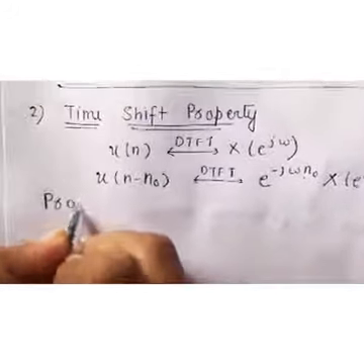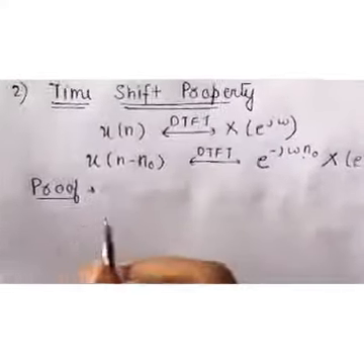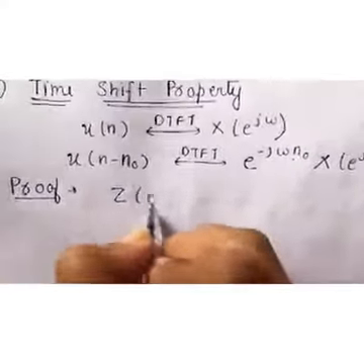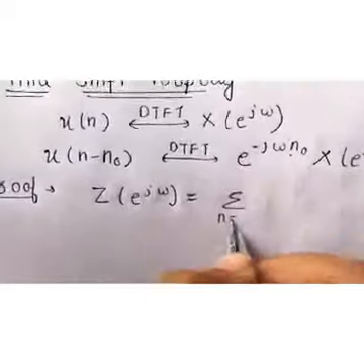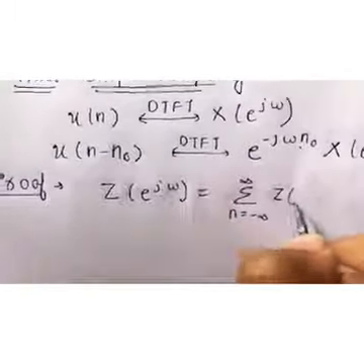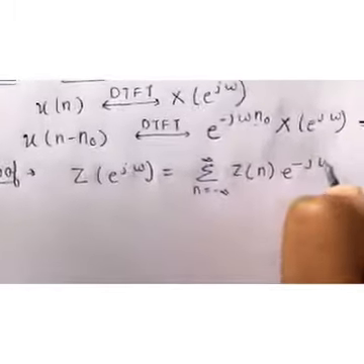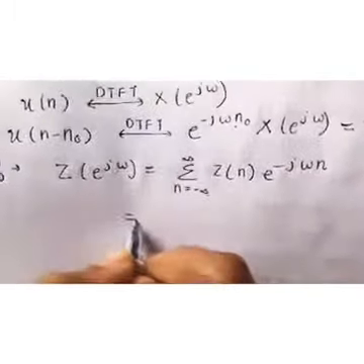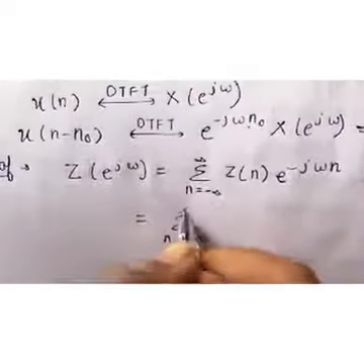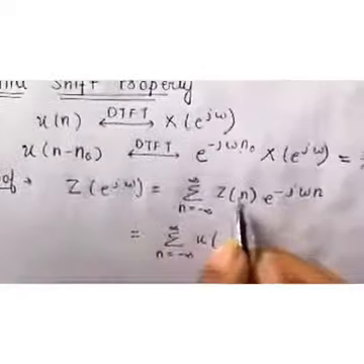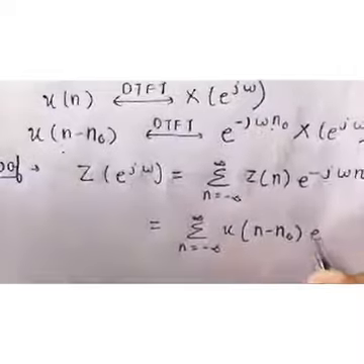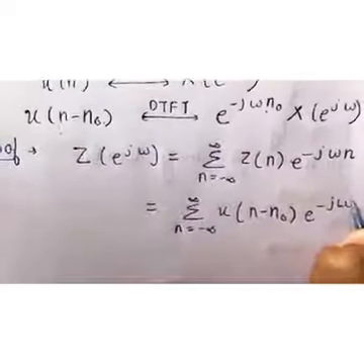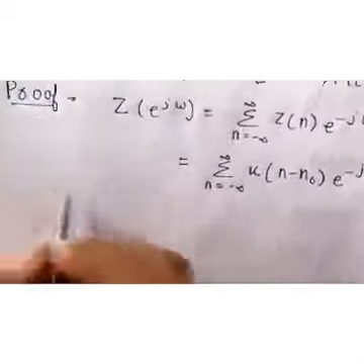Proof. We know that Z of e^j omega is equal to summation n equals minus infinity to infinity z of n e to the power minus j omega n, equal to summation of x of n minus n naught e to the power minus j omega n. Here we replace n minus n naught with m.